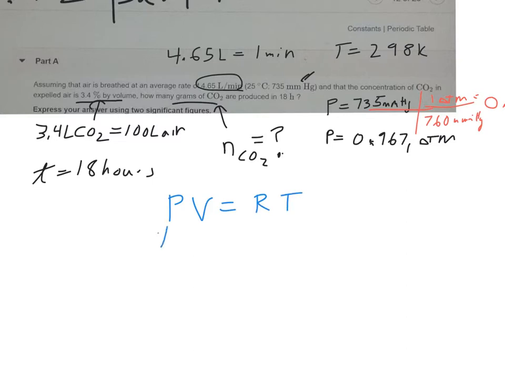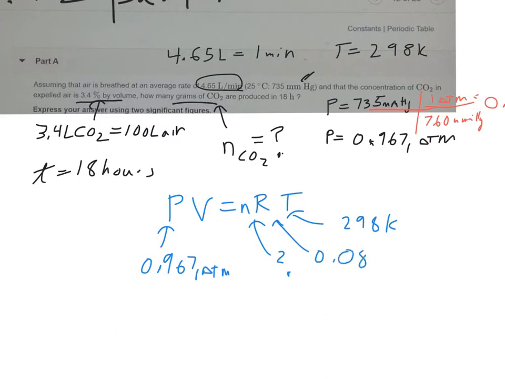Right now I've got a pressure, 0.9671 ATM. I've got a temperature, 298 Kelvin. I'm wanting to solve for a number of moles. I know my gas constant, 0.0821 liters ATM per moles Kelvin. The only thing I'm missing in order to use PV equals nRT is I need a volume from somewhere.